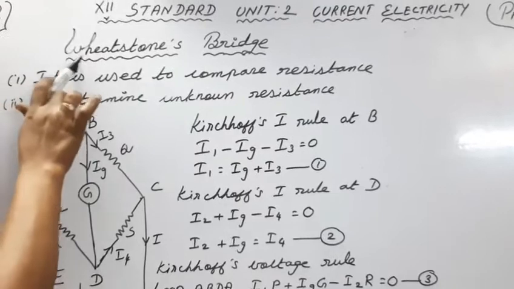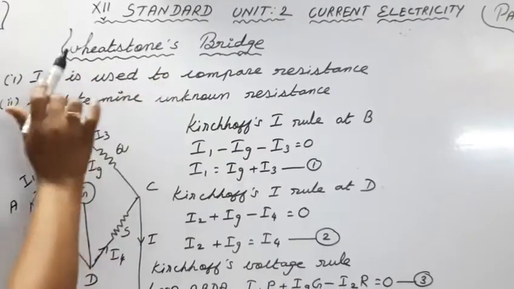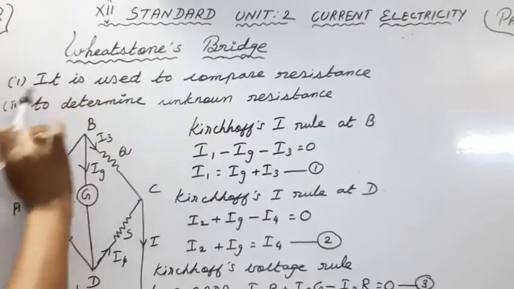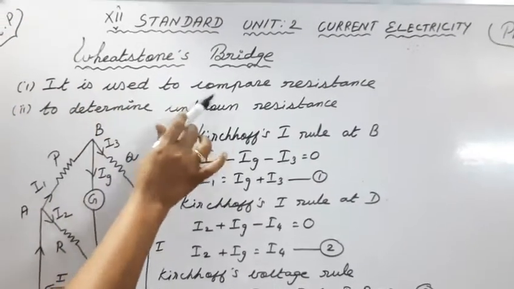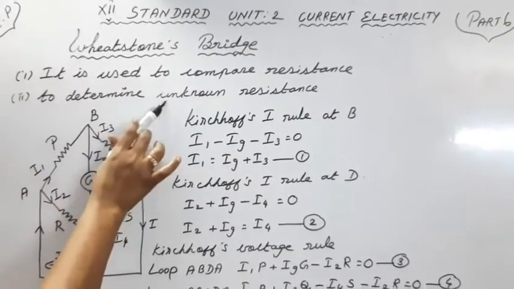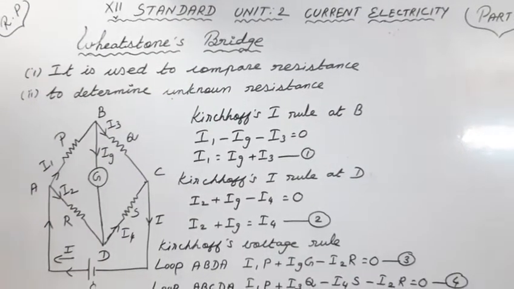And the next topic we will discuss is Wheatstone's bridge. An important application of Kirchhoff rule is Wheatstone's bridge. It is used to compare resistances and also to determine an unknown resistance in an electrical network.